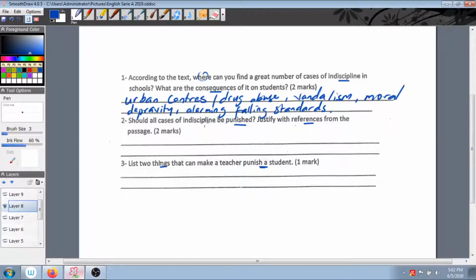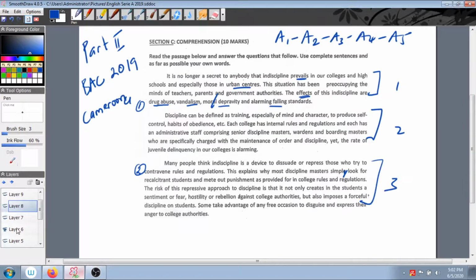Question 2. Should all cases of indiscipline be punished? Justify with references from the passage. Okay, I think I located the answer to this question on the third paragraph, where they said, many people think indiscipline is a device to dissuade or repress those who try to contravene rules and regulations. And then down here, you have the risk.